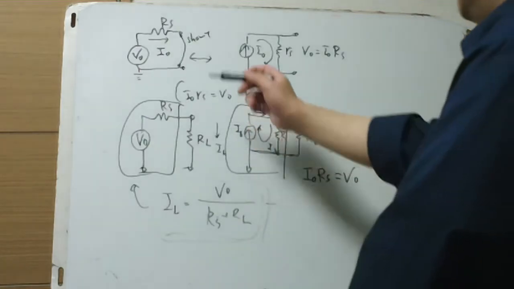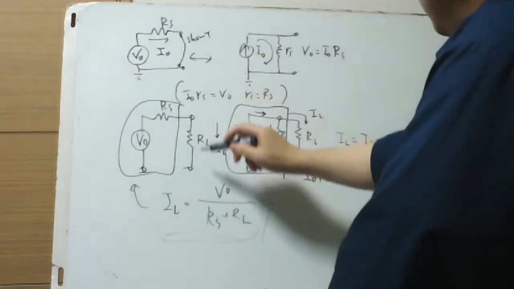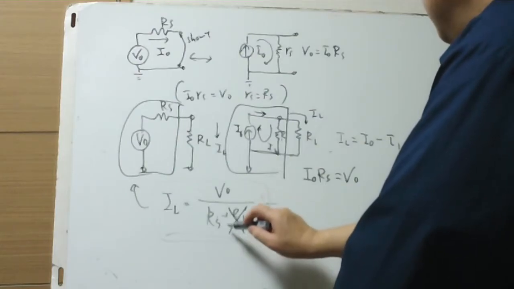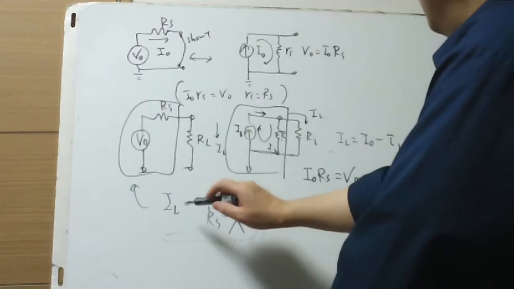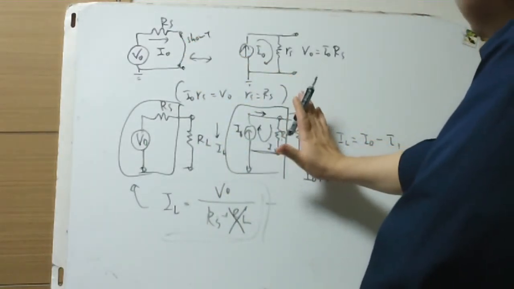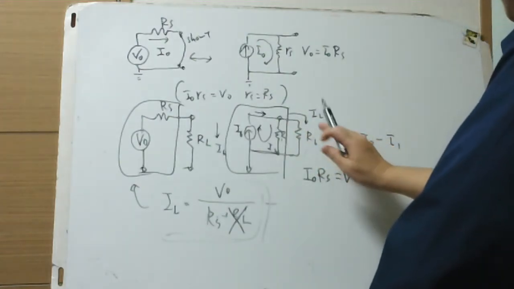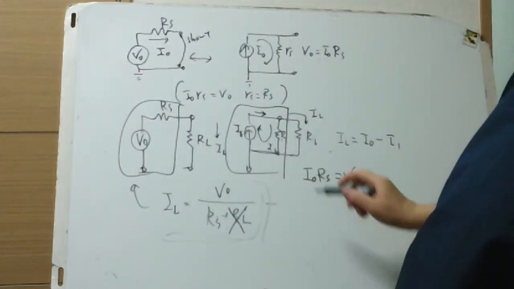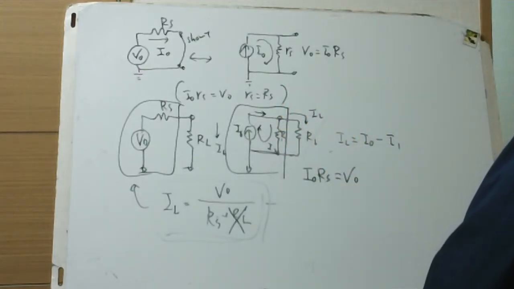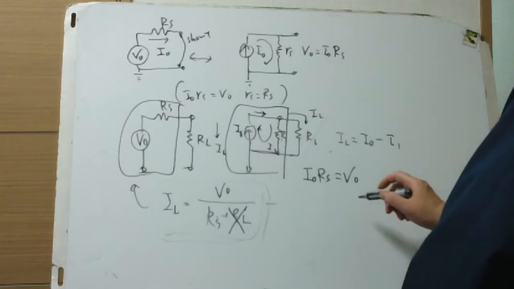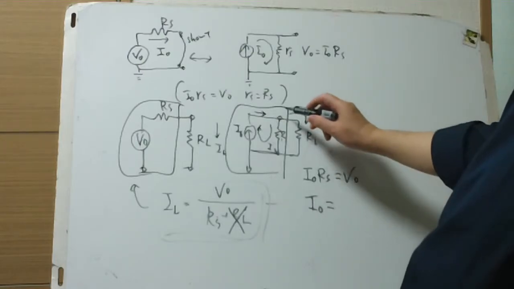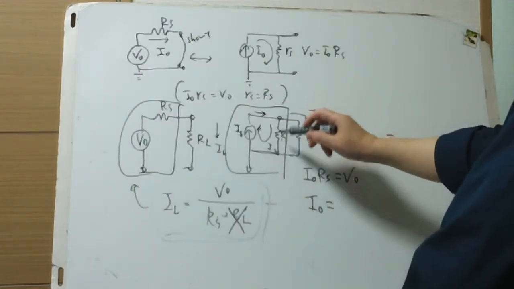We have just V out, and if IL is 0, VO over RS equals this I0. So if this is shorted, of course this I0 loops in this voltage is the same.